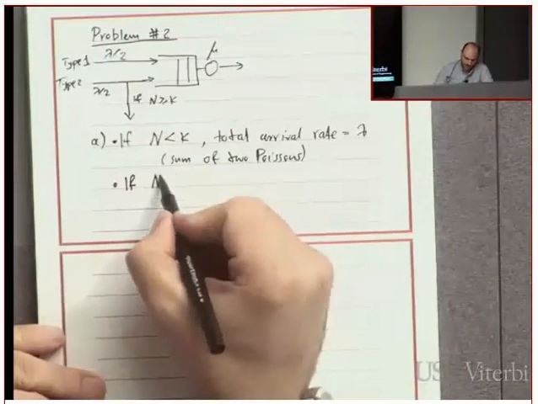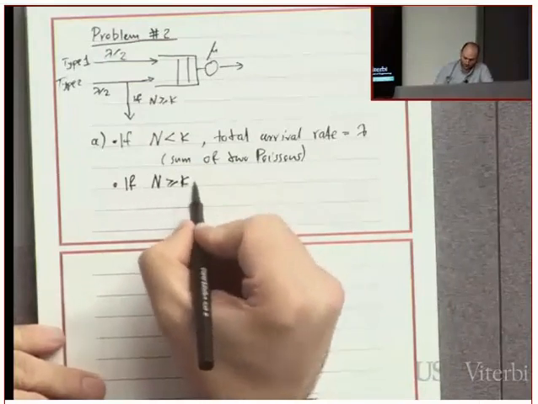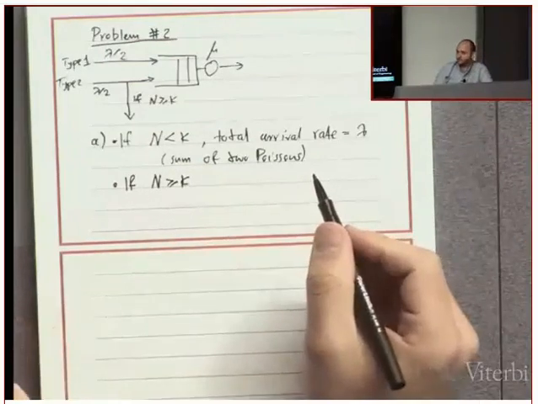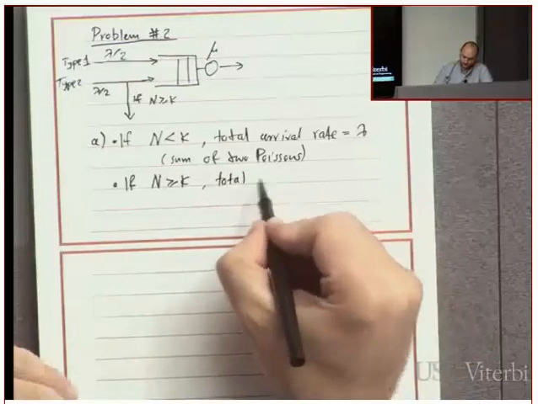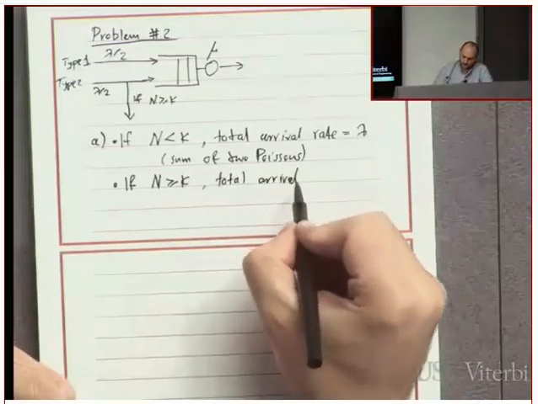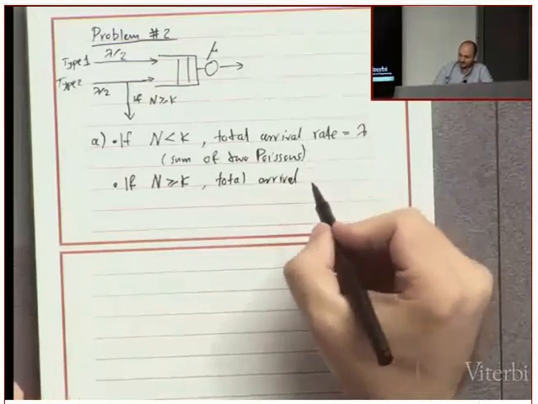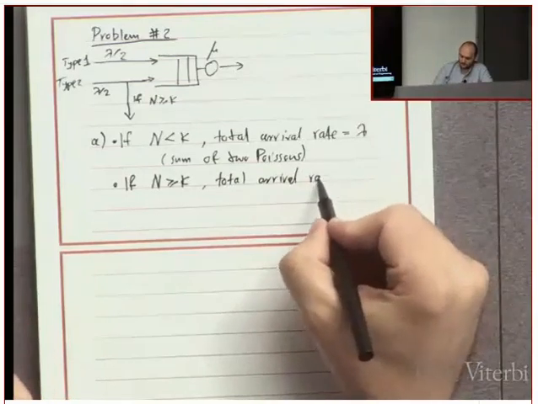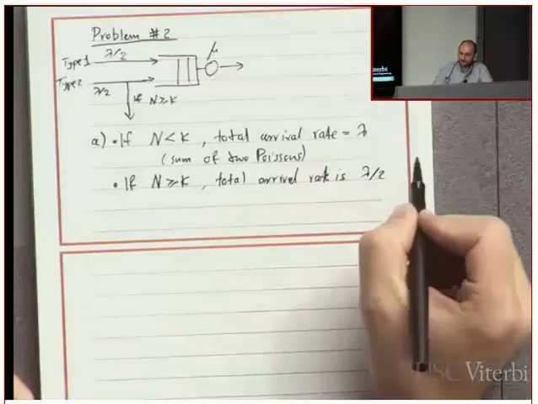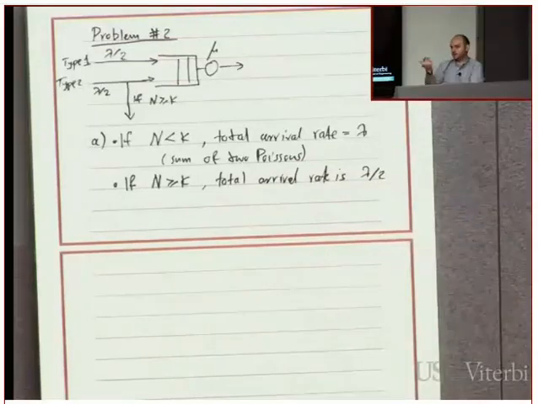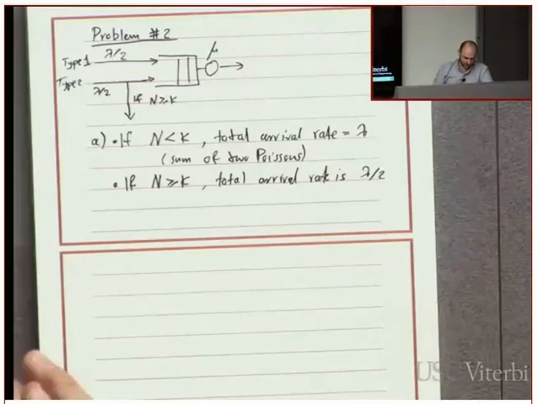If n is greater or equal to k, what's happening over there? The total arrival rate in the system is lambda over 2. Only packets of type 1 are accepted.